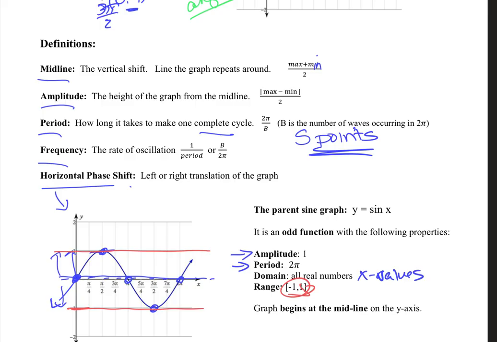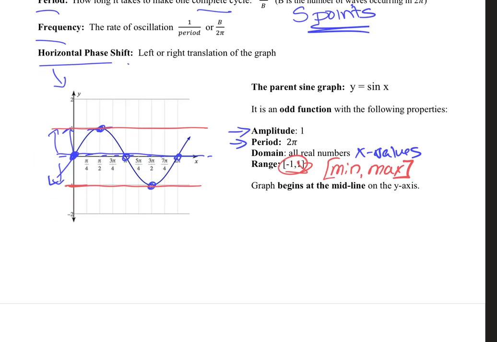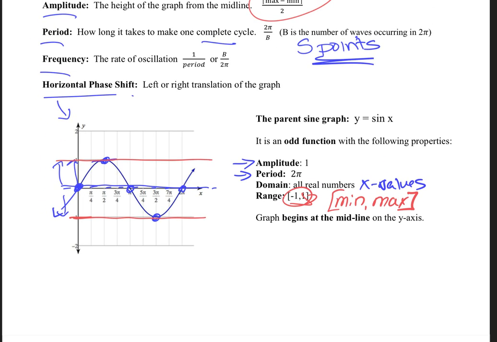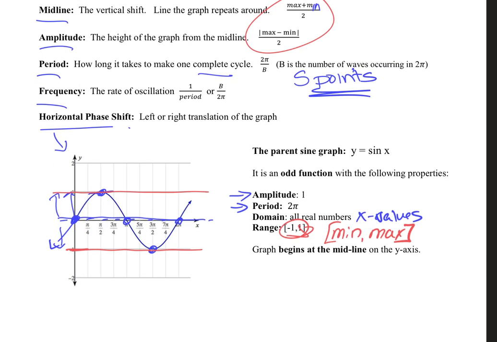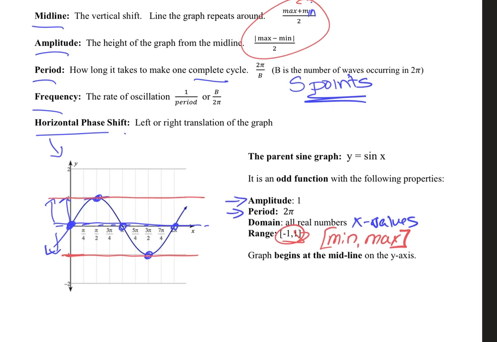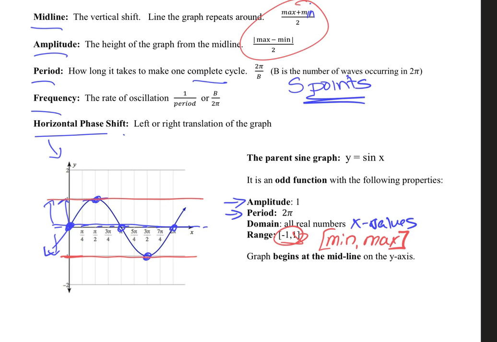So if you want to think of the range, it's the min value to the max value. And that's where we got these numbers up here also. Okay? Cosine has a very similar graph. But what changes slightly is where it begins. And when I say begins, I mean where it hits the y-axis.